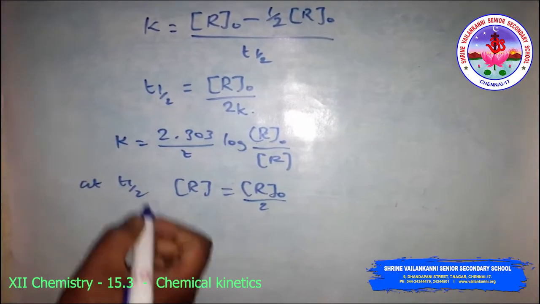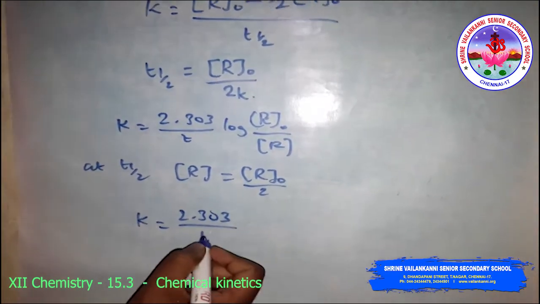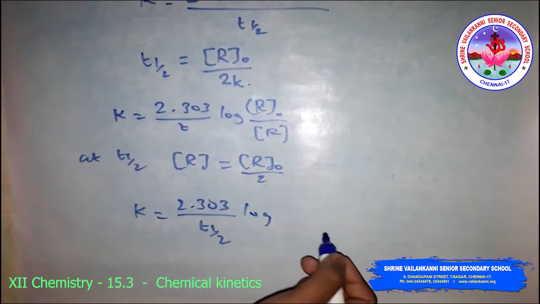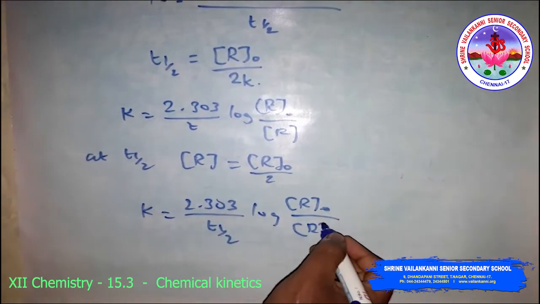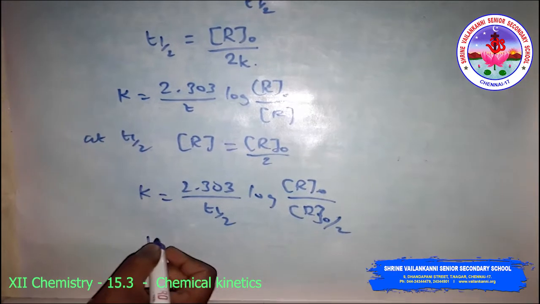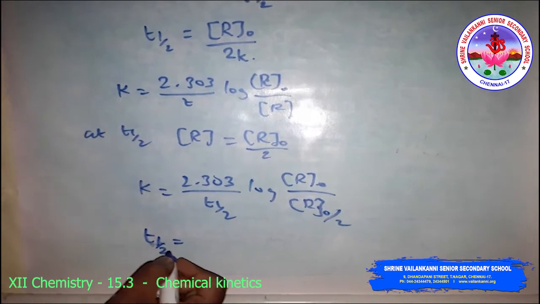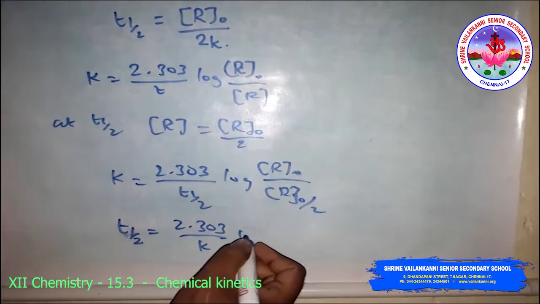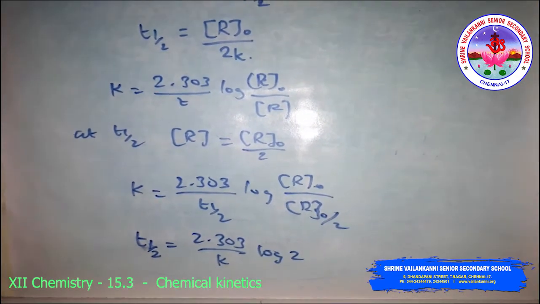So this equation becomes, substituting the value, k is equal to 2.303 divided by t half, into log of [R]0 divided by [R]0 by 2. Or you can write t half is equal to 2.303 divided by k into log 2. [R]0 cancels, so this will be log 2.